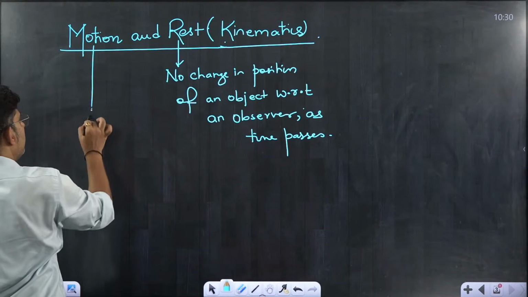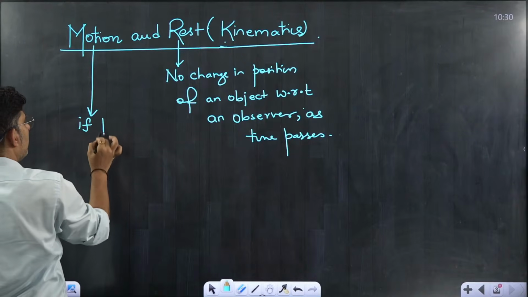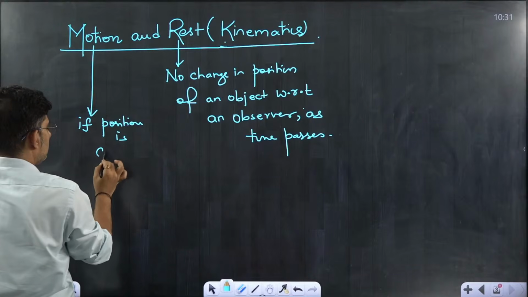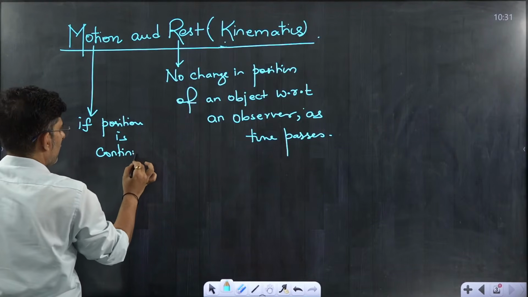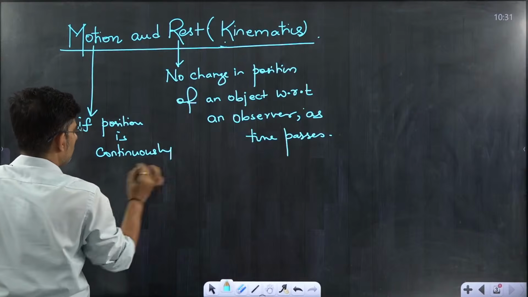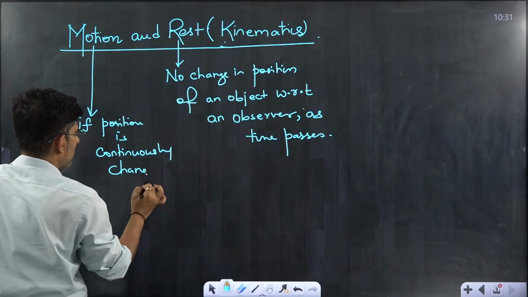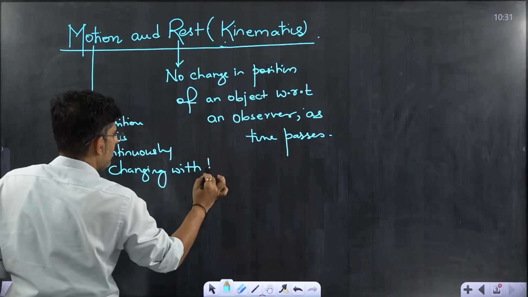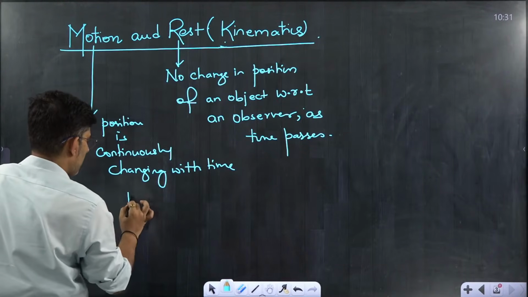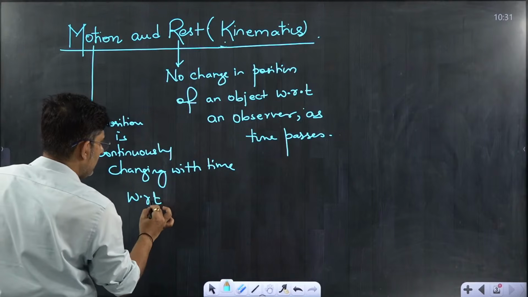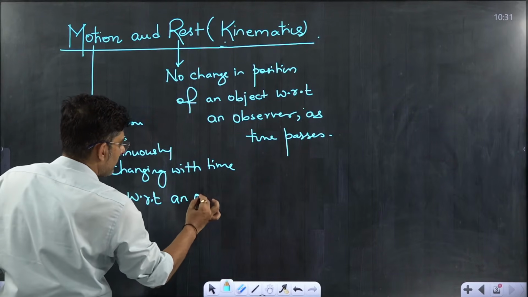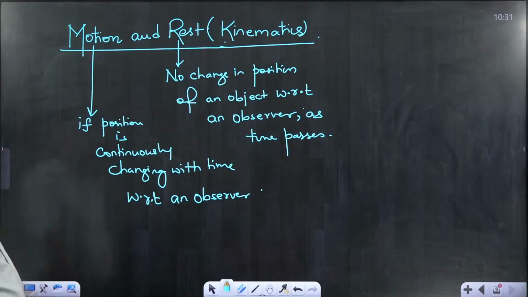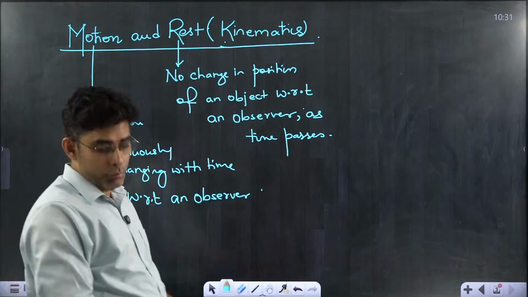But if I say that position is continuously changing with time, again with respect to, meaning as seen with respect to an observer, then we say that it is the state of motion.